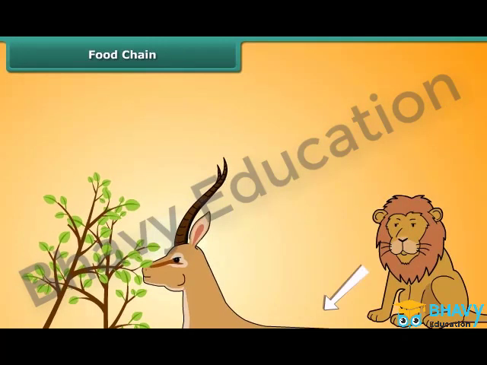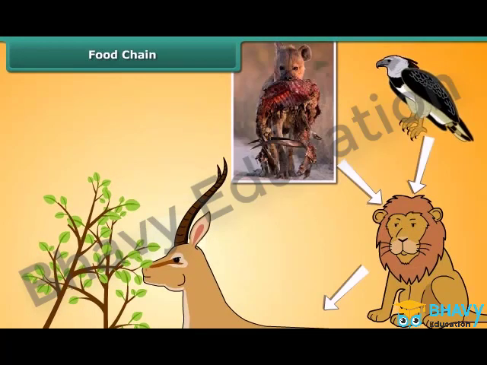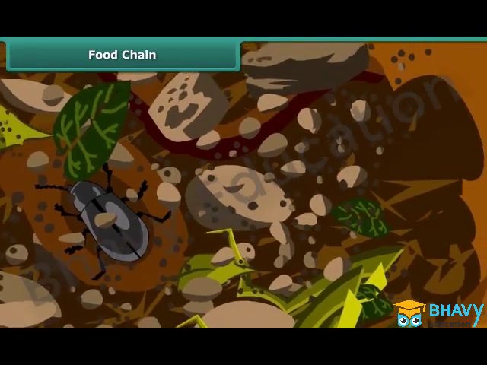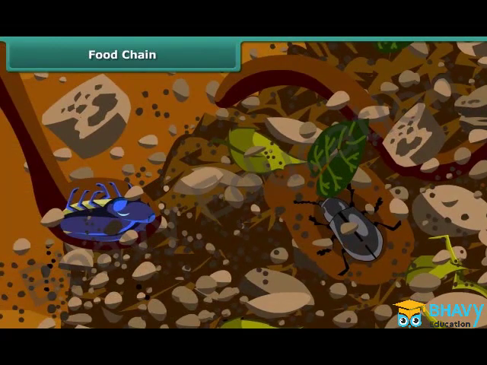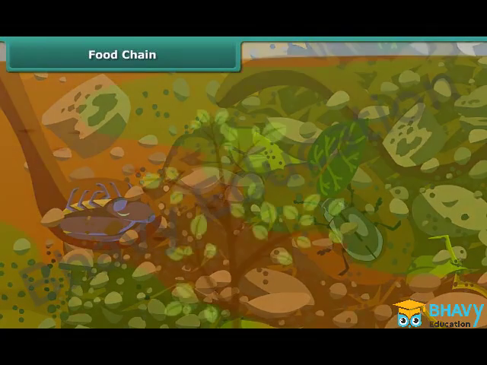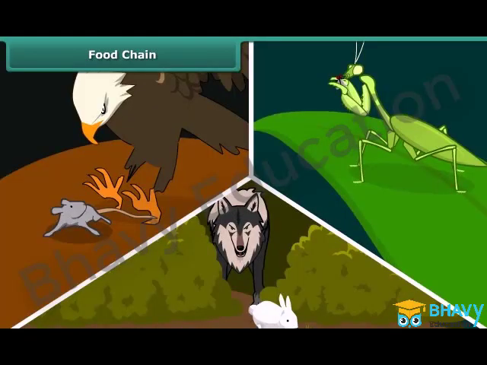When the lions die, their physical remains are eaten by scavengers such as vulture, hyena, etc. Decomposers such as fungi and bacteria feed on the remnants of dead organisms and break them down into humus, which provides nutrients to plants. Thus, the food chain comes one full cycle. Forests support many such food chains, which are interlinked to one another to form a food web.